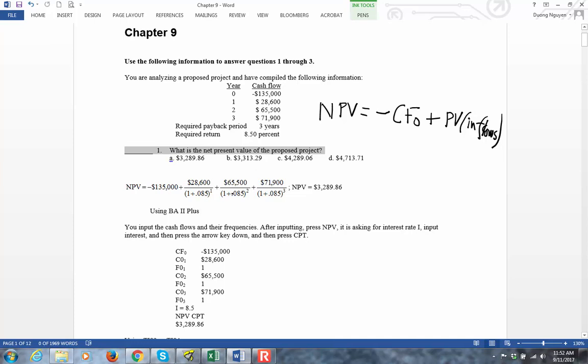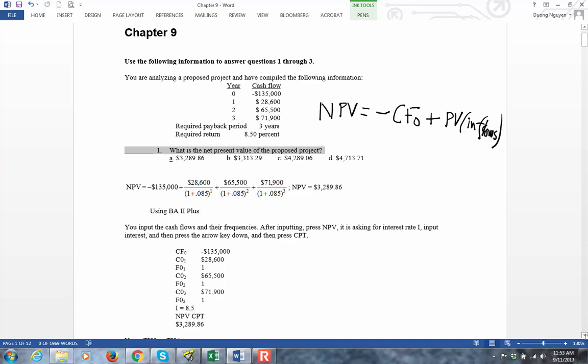For the second year, the present value of 65,500 is 65,500 over 1.085 to the power second. And for the third year, 71,900 over 1.085 to the power third. And after we do that, NPV is 3,289.86.